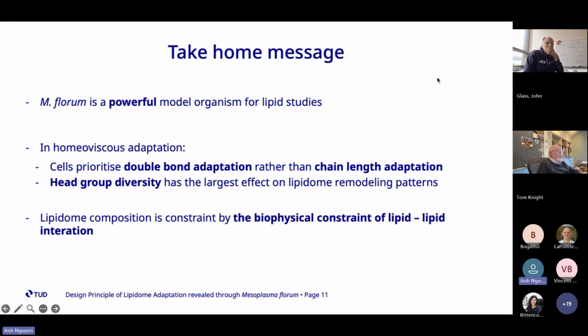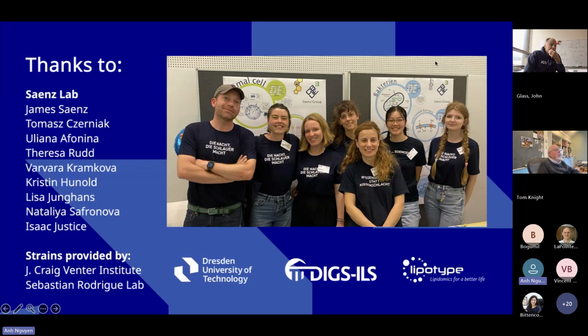In the case of acyl chains, we see that double bond is prioritized over chain length, and having different head group diversity has great effect on how the lipidome is being remodeled. But all of that lipidome remodeling has to exist within the constraint of the biophysical lipid-lipid interaction. So with that, I would like to conclude my talk, and I hope I kept you entertained.